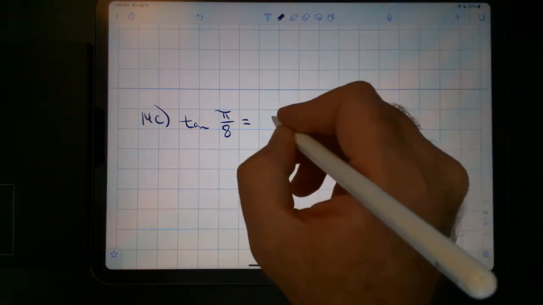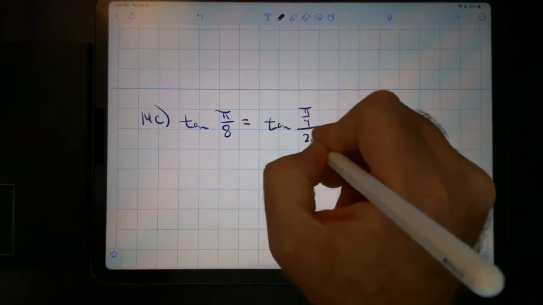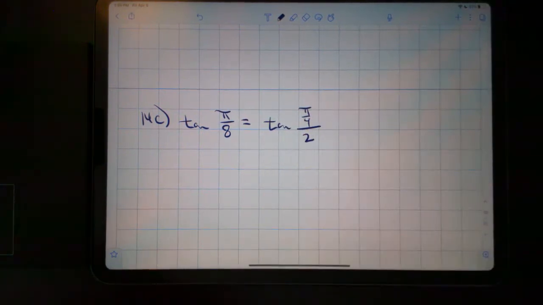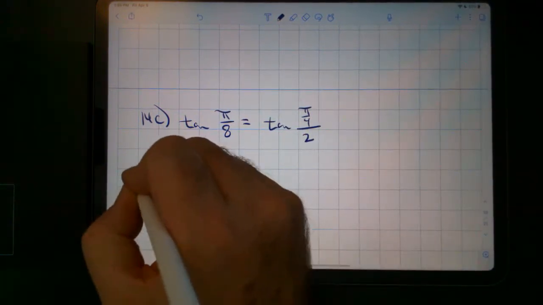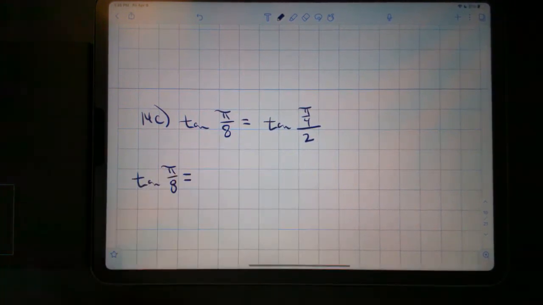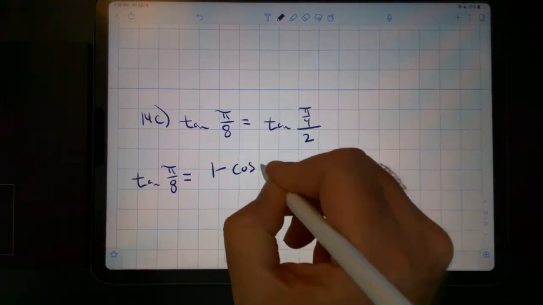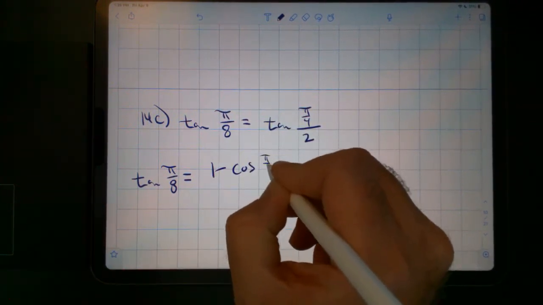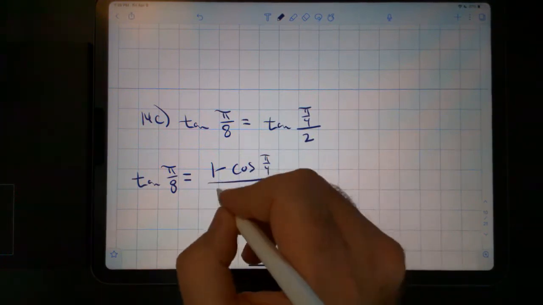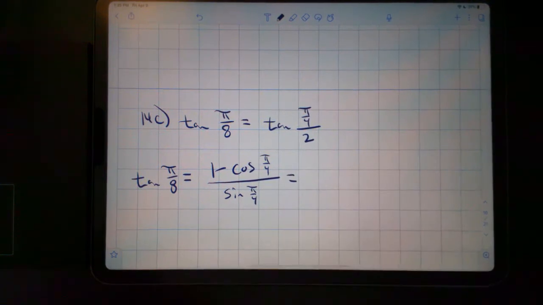Tangent of pi over 8, this is tangent of pi over 4 divided by 2. And so we have, let's go with 1 minus cosine of pi over 4 divided by sine of pi over 4, just because.